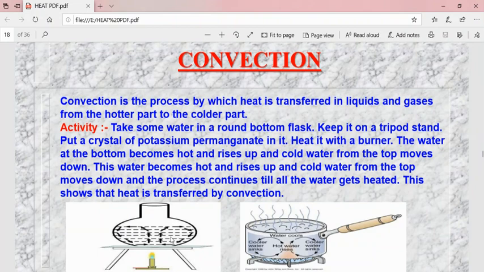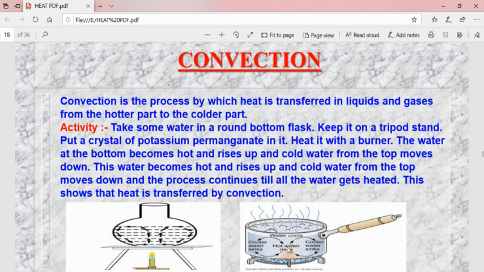What it means is, in the convection process, the water molecules at the bottom of this flask become less dense, so they rise up, and the water present at the surface is denser, so it moves downwards. This process will circulate till the water is heated fully.